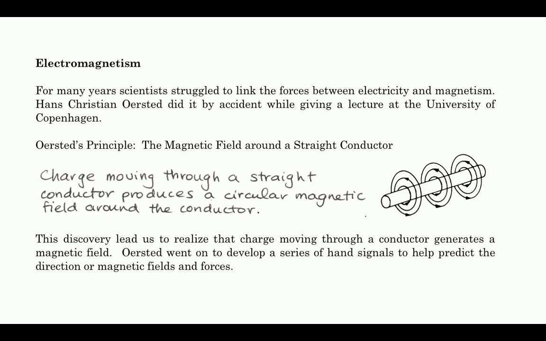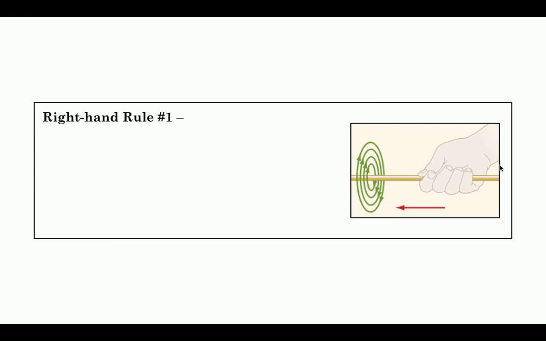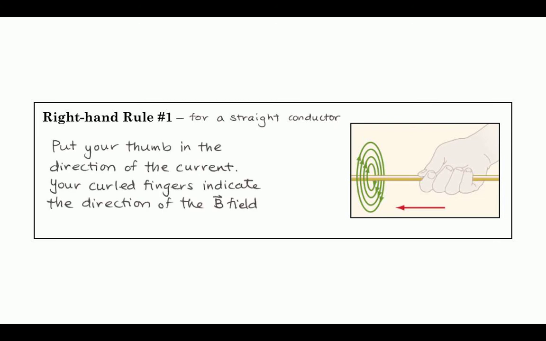Ørsted then went on to develop a series of hand signals to help predict the direction of the magnetic fields and forces. From Ørsted's principle comes right-hand rule number 1, which is for a straight conductor. It says that if you put the thumb of your right hand in the direction of the current, the curl of your fingers indicates the direction of the magnetic field.